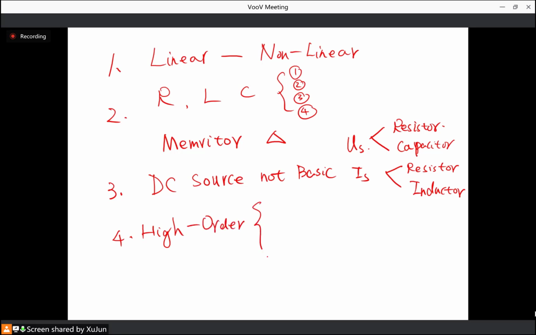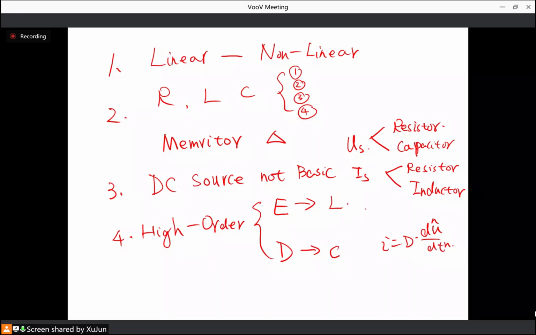We discussed 2 kinds, the E component and the D component. The E component is similar to the L component, and the D component is similar to the C component. I equals D multiplied by the high-order derivative of U. The E component is U equals E multiplied by the high-order derivative of I. Okay, today is enough. This is the total content for today's class.